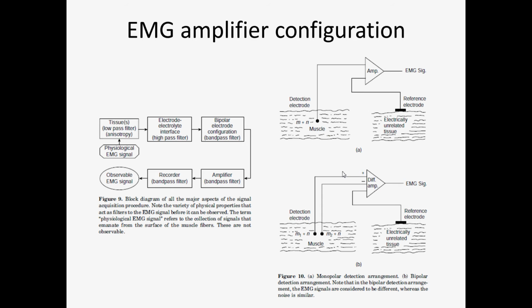For example, one good way of recording EMG is to put the reference electrode onto the antagonist of the muscle. You know that muscles in the human body normally work as an agonist and antagonist, so they work in pair. When one contracts, the other one relaxes.